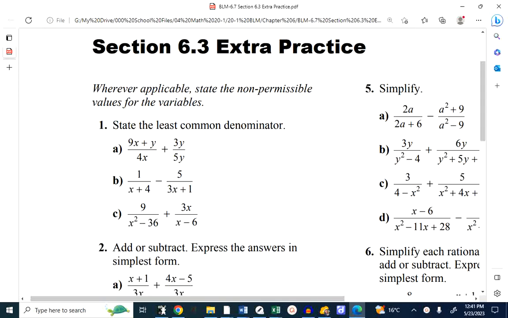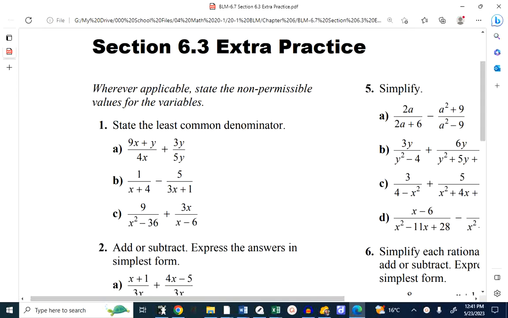And we started off by learning that a rational expression is basically an algebraic fraction. It's a fraction that contains algebraic expressions in the numerator and denominator, and that if you want to simplify a single rational expression, you simplify it the way you would simplify a single fraction, which is to say you factor and cancel.